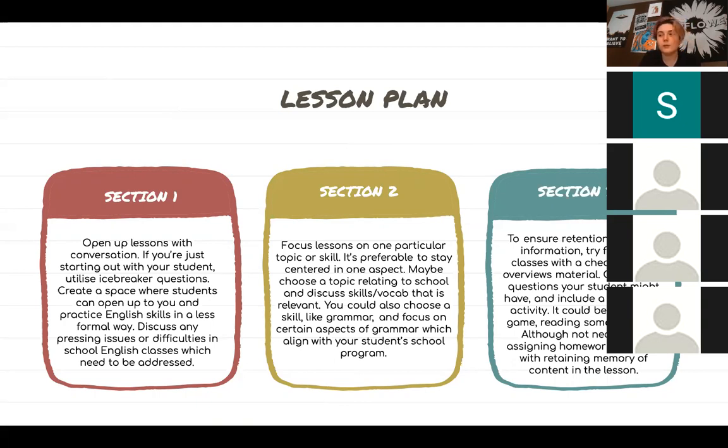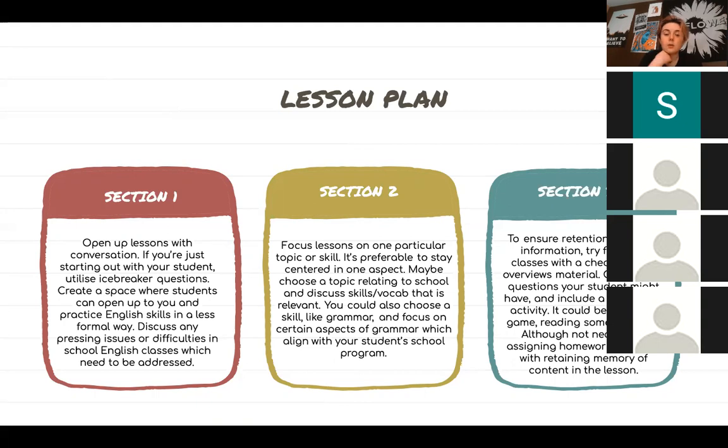Again, school, very loose. Obviously, not every student is going to be looking at English in school. There's many different situations where they may be receiving tutoring from you, but center it around what they want to learn, what they want to know about English specifically that day.